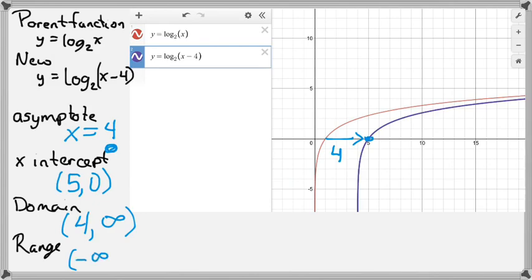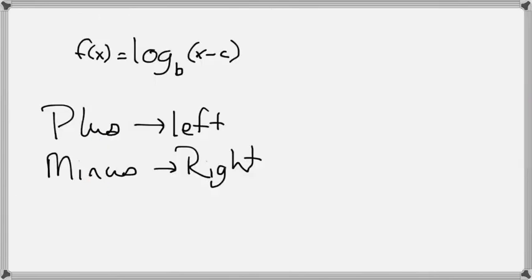And our range stays the same. If it's positive inside, if you're adding, it's going to go left. If it's a minus, you're going to go right. This is going to change your domain, your x-intercept, and your asymptote.